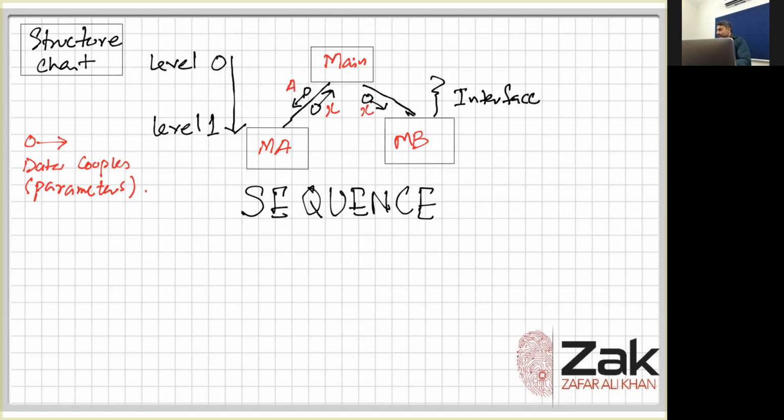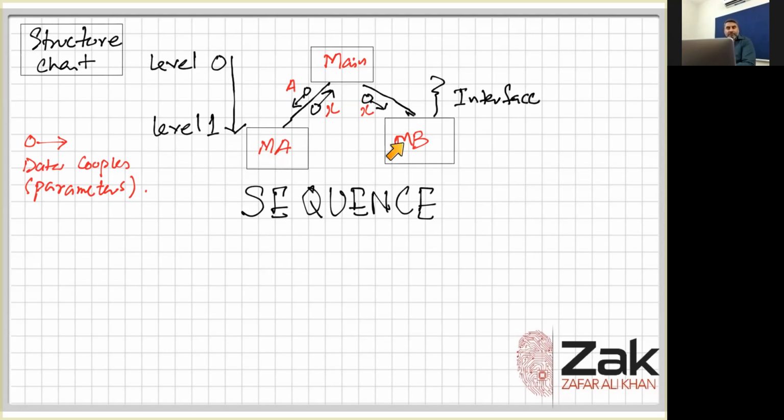When one module, let's say the main module, calls a submodule, module A, and it passes on some data to it, like A is being passed from the main module to module A, and then module A is returning X, and then that X by the main module is being transferred to module B. This is called interface. And you need to understand that when a structure chart is made this way, module A will be called first and then module B.